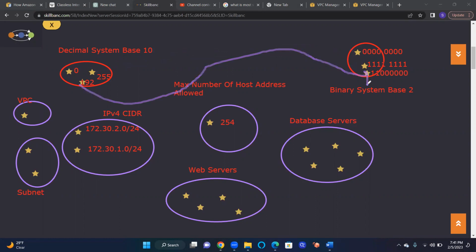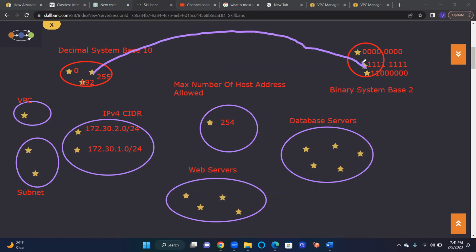So wherever you see an IP address like this, we are talking in terms of decimal numbers for our convenience. But if you translate them into bits, these are the bits you have to represent them as.